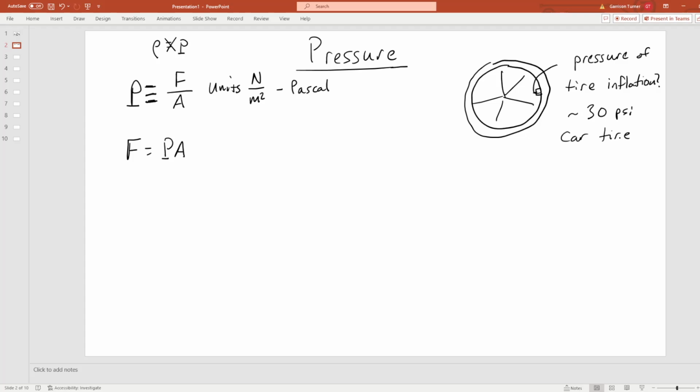Now, pounds per square inch is an imperial unit, right? But it still is a pressure because pounds is force and square inches is an area. So pounds per square inch is still a pressure. But here's my question. Is that the pressure inside the tire?